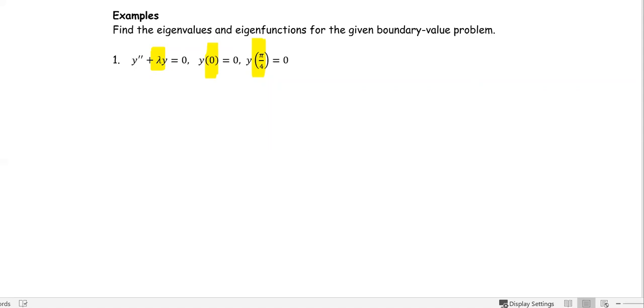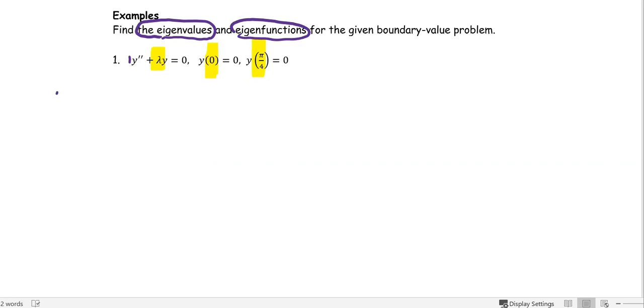This is still constant coefficient because lambda is a real number. Our goal is to find y, and as part of y we're going to get the eigenvalues, eigenfunctions for this problem.